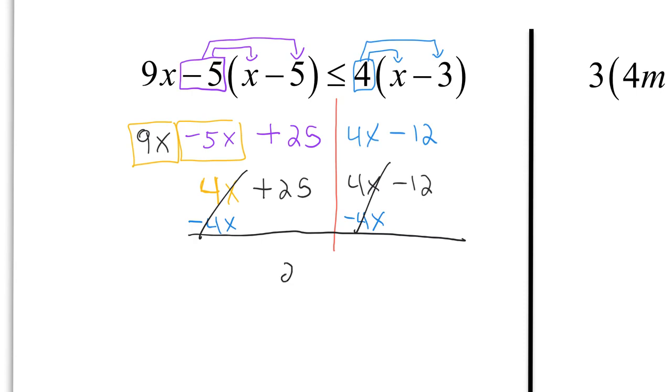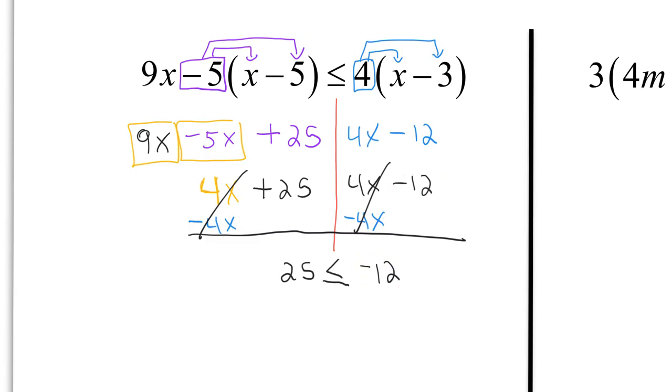So you bring down the 25 right here. I'm ready to bring down my inequality, so I put less than or equal to. Notice I didn't change the sign because I am not multiplying or dividing by a negative number. So I just bring down the inequality and I have a negative 12 on the right side. That one didn't cancel, so you have a negative 12.